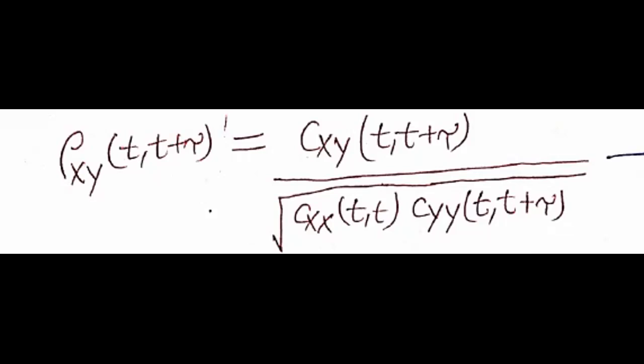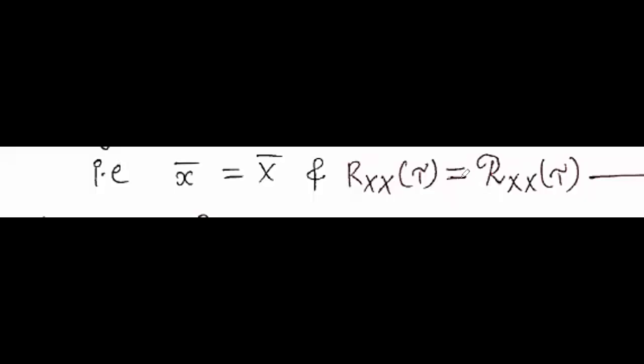There is a mathematical representation. So see here, this is the mathematical representation of the ergodic theorem statement. That is small x bar equal to capital X bar and small Rxx of tau is equal to capital Rxx of tau. In the previous class, we had discussed what Rxx of tau is.